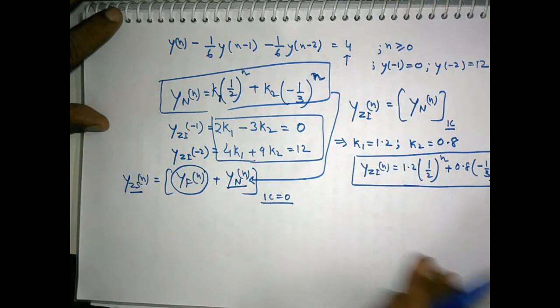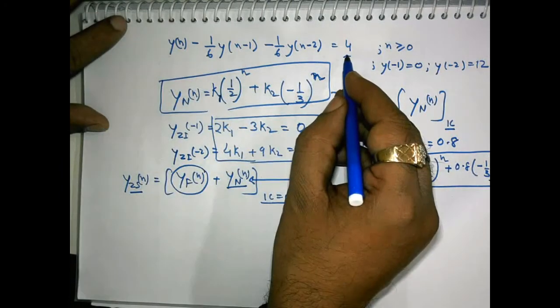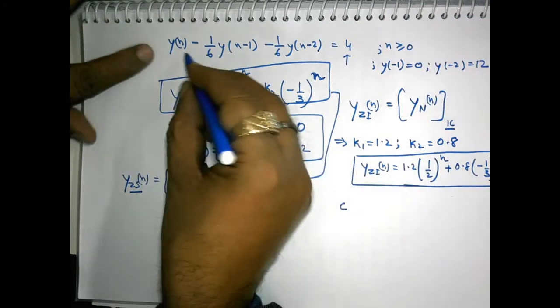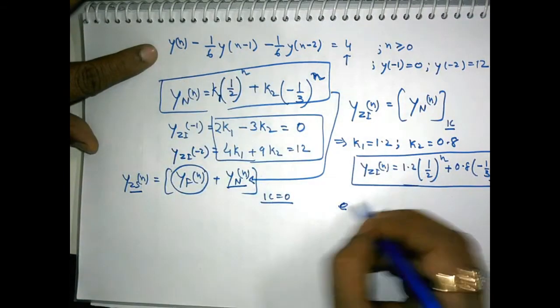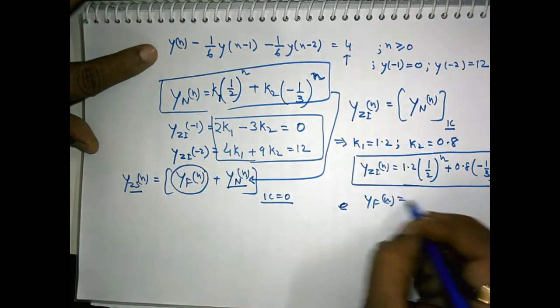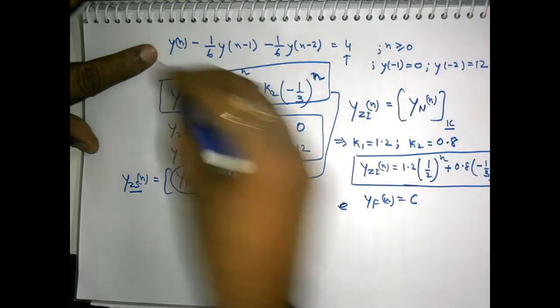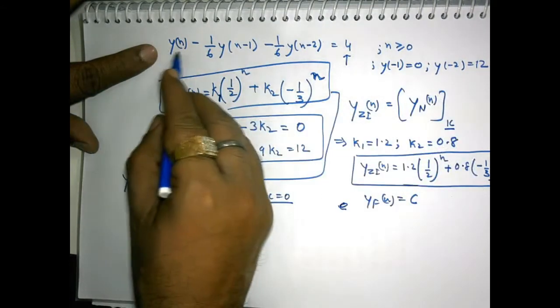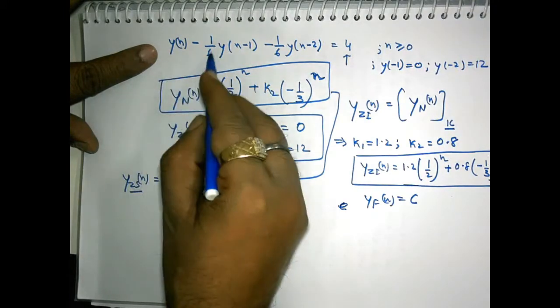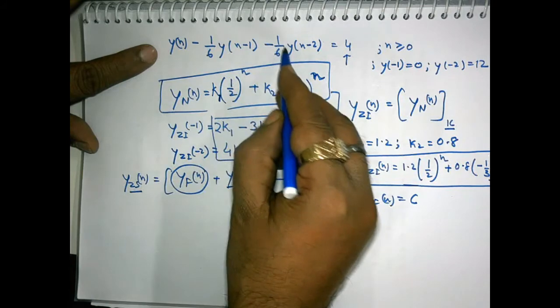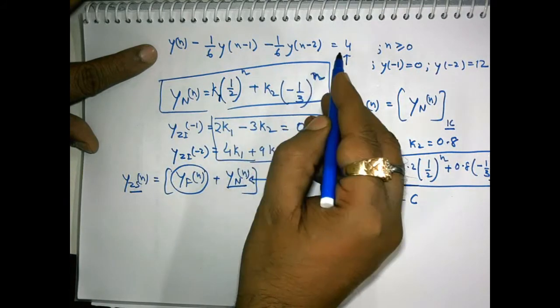And what will be yfn? If you recall from our earlier problem, yfn equals to C. So if we substitute this equation for the given inputs, this will become yfn minus 1 by 6 yfn minus 1 minus 1 by 6 yfn minus 2 equals to 4.